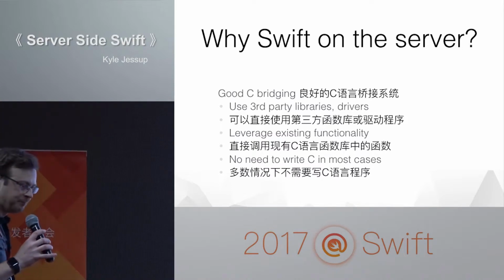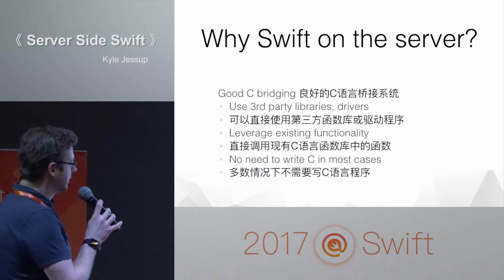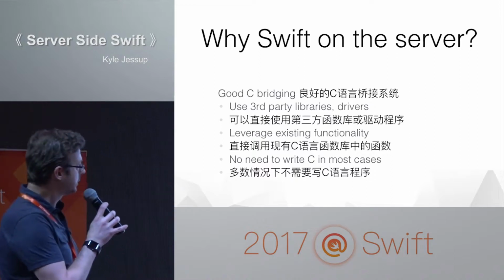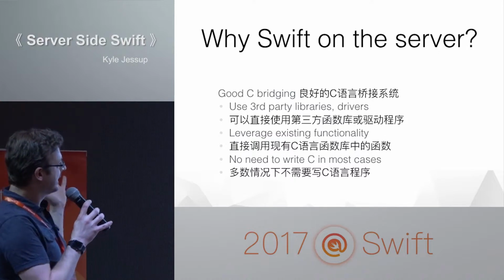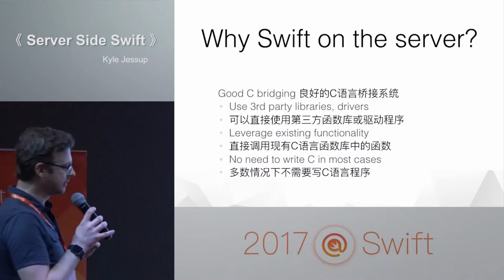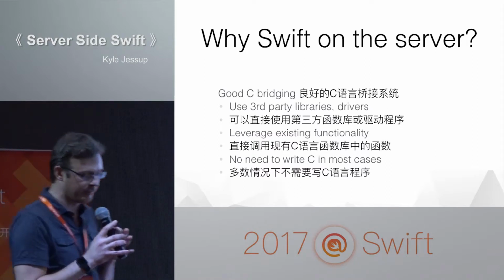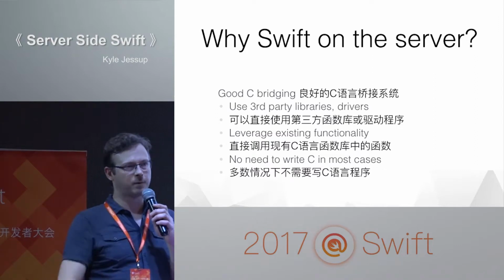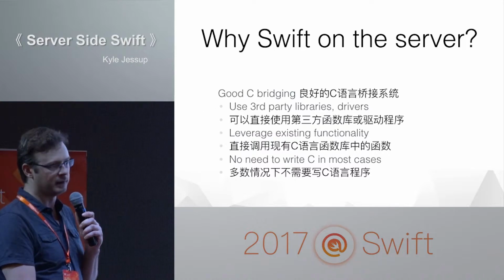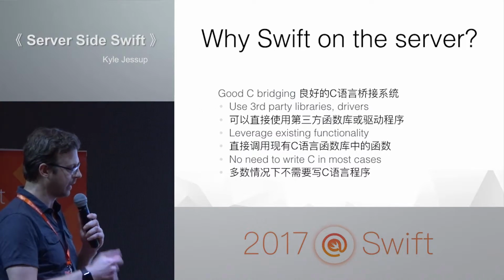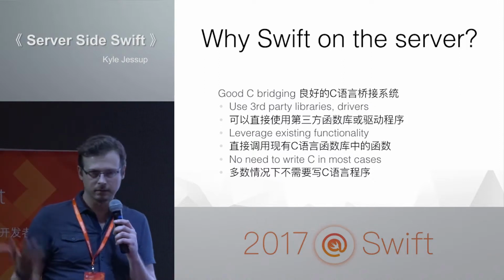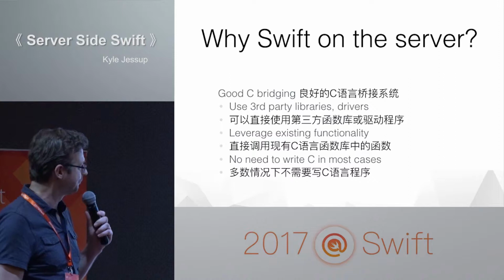Another reason which maybe a lot of people might not consider as being too important, but we found it to be quite vital in what we try to accomplish here. Swift has very good C bridging, and this means that you can import existing libraries, drivers, software written by other people in C, and very easily bridge that into Swift and take advantage of that functionality. Usually you don't have to write C yourself.